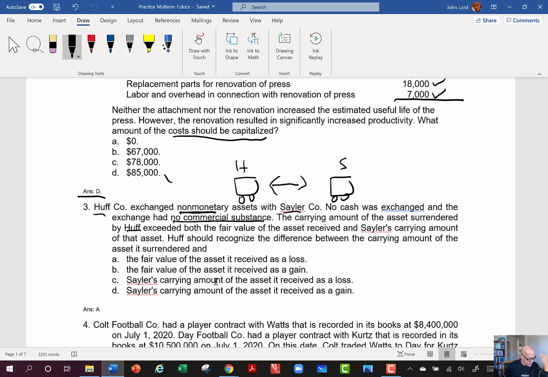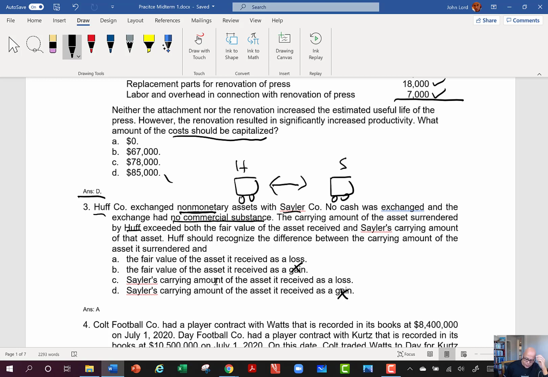Because it's a non-monetary transaction, you know that there's not going to be any gains. So when you look at this, you can right away get rid of B and D right out of the gate. So the question is how you're going to calculate that loss.